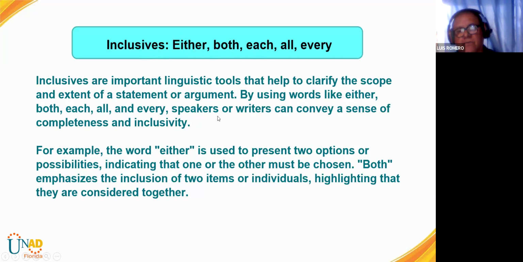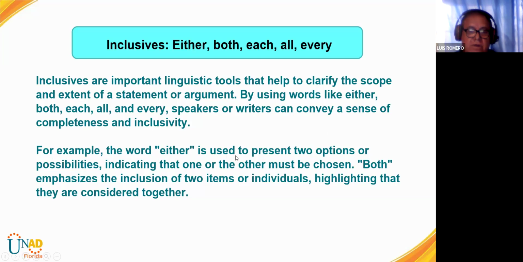Speakers or writers, you can use them orally or in a written form. So speakers or writers can convey a sense of completeness and inclusivity when they use these inclusives. Here you have an example.